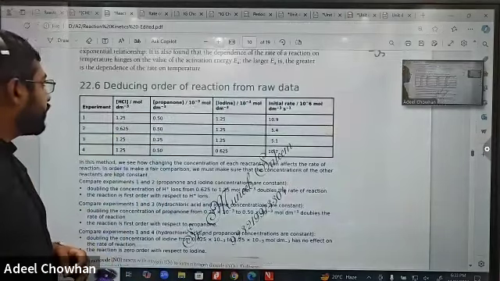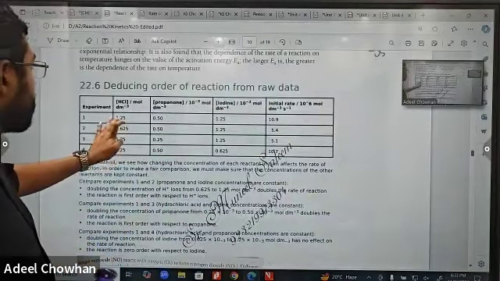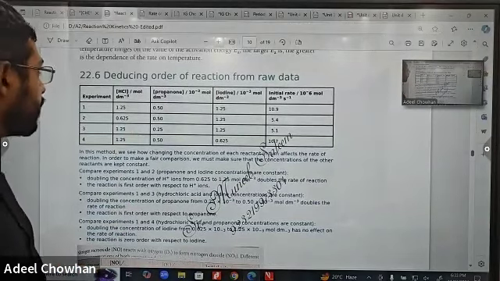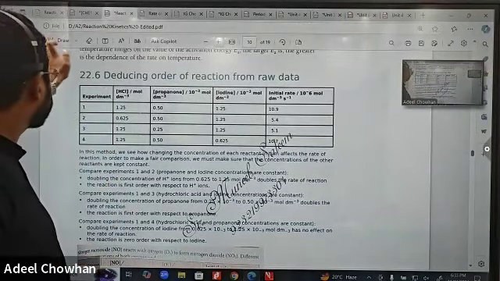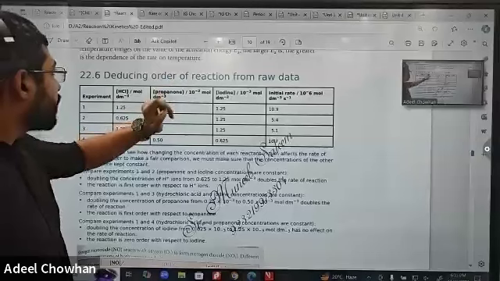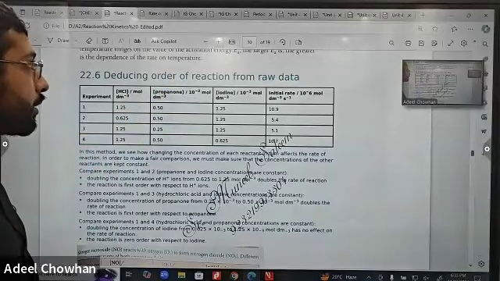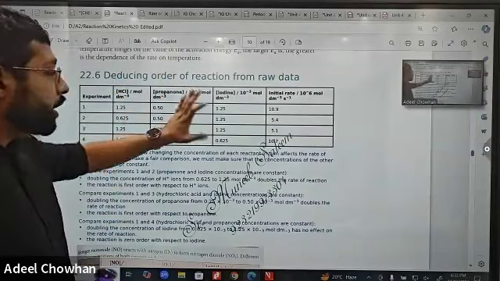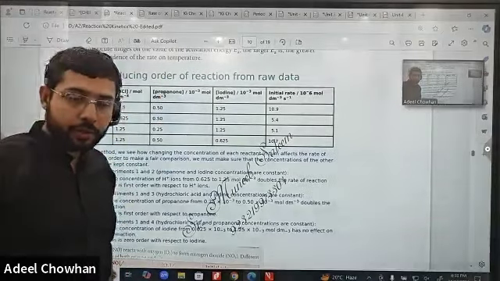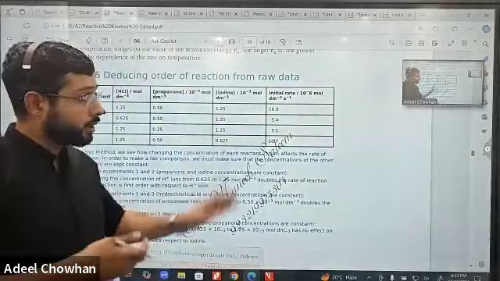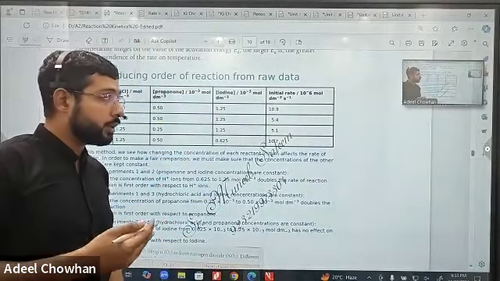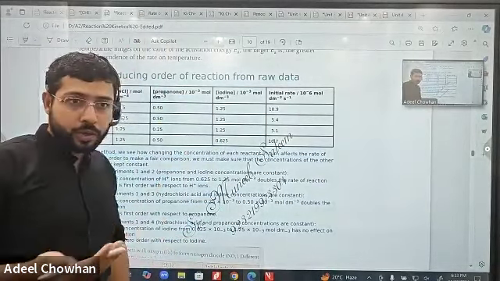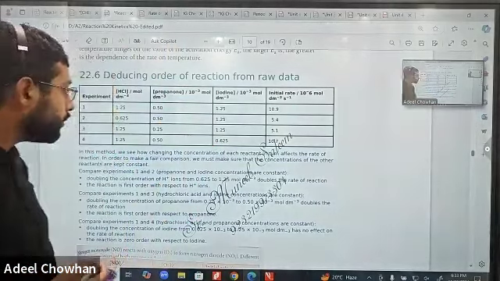Okay. Then we have another topic: to deduce the order of the reaction from the raw data, which means we will be provided some data in tabular form, and we have to check how this data is helping us to find the rate of the reaction.